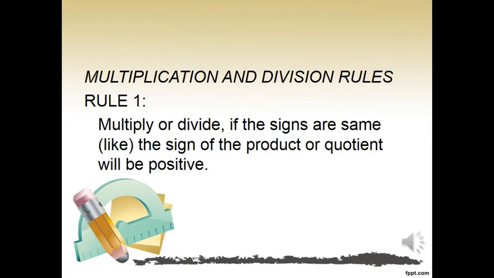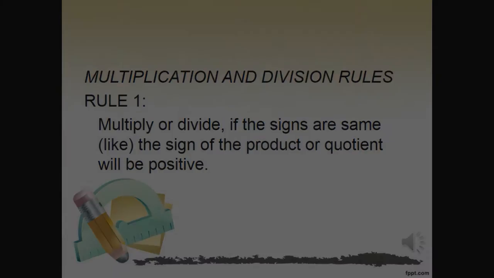Next are the multiplication and division rules. They have the same rules. For rule number 1, when we multiply or divide integers with the same sign, the sign of the answer, the product or the quotient, will always be positive.